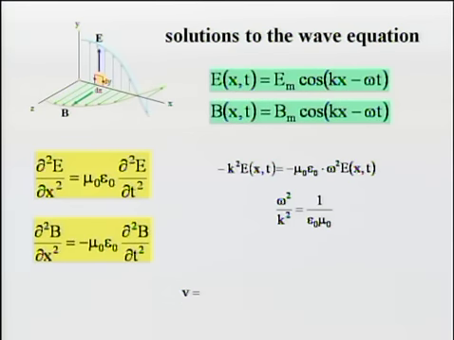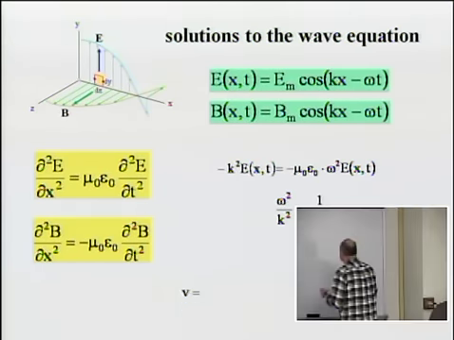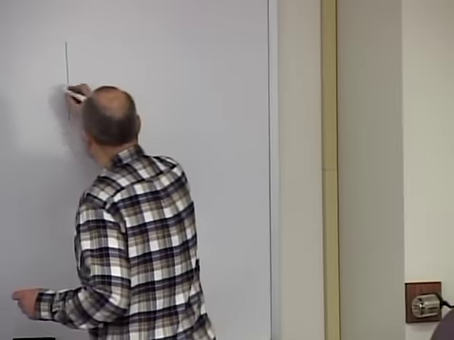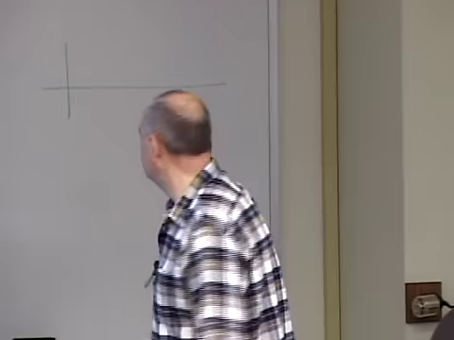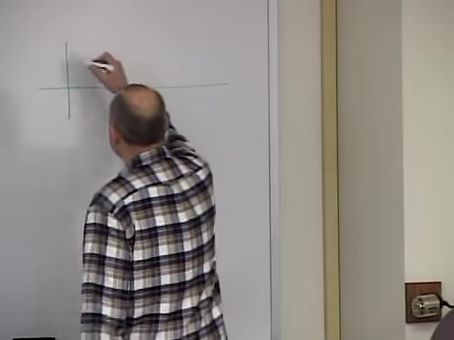Let's say that I consider this function at instant t equals 0. Well, at t equals 0, we just have Em times cosine kx. So it's a cosine function. This function looks like that.